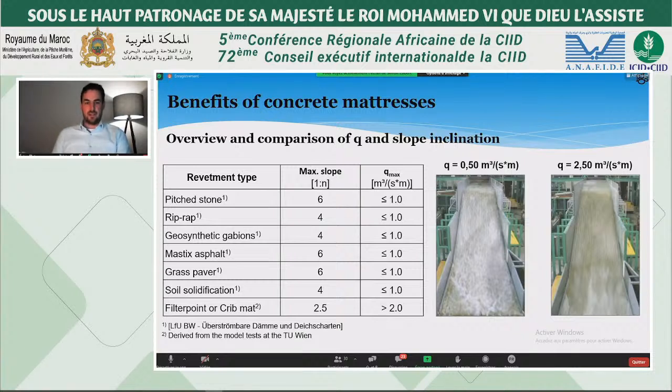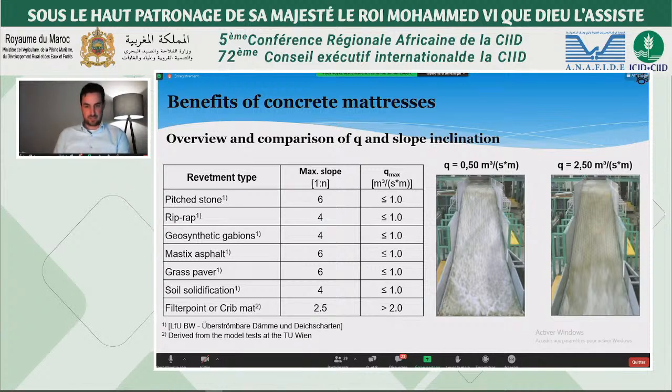Alors, par rapport à la protection d'érosion, pour les structures de dépassement, il y a aussi différents types de revêtements et on voit ici différents types, comme l'inclinaison de pente. On voit ici les autres structures, comme les matrices de béton armé.